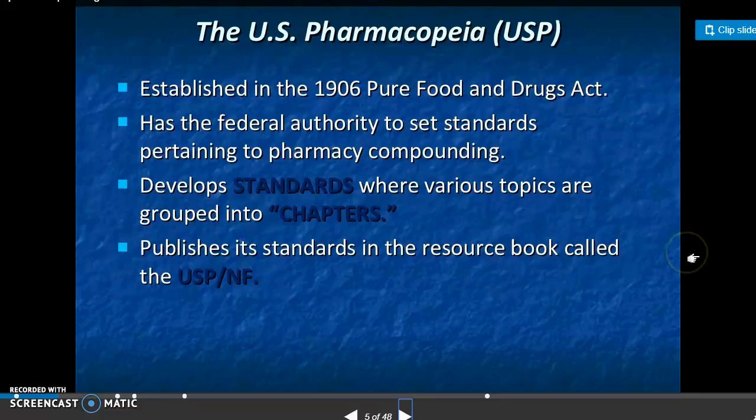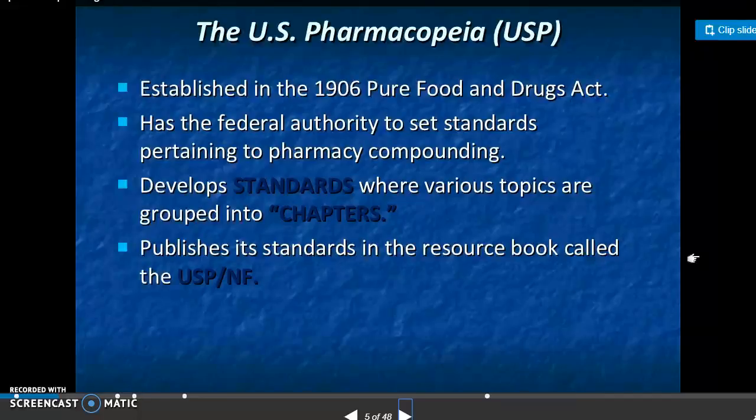Okay, so what is the standard? The standard was established in 1906 by the Pure Food and Drug Act. And so it is the federal authority that sets the standard. And it has placed those particular types of standards within different chapters. The published resource book is called the USP-NF.